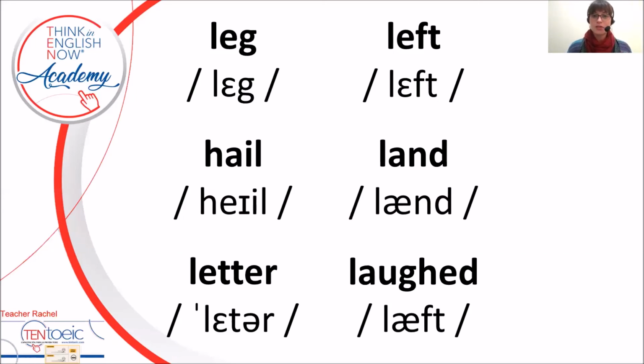Land means where there's trees, where there's grass. That's land. Earth, land. Letter. This is something that we put in the mail. So I write a letter to my friend and send it in the mail. So we write a letter.